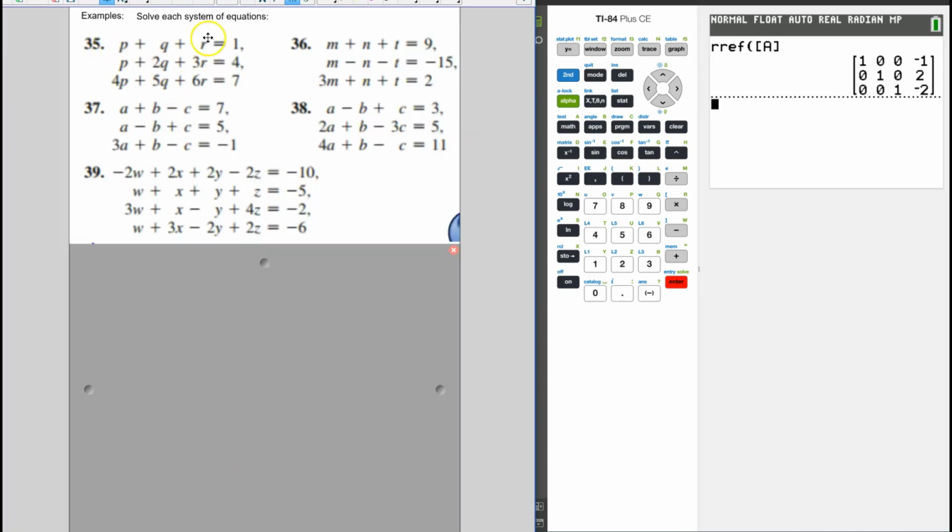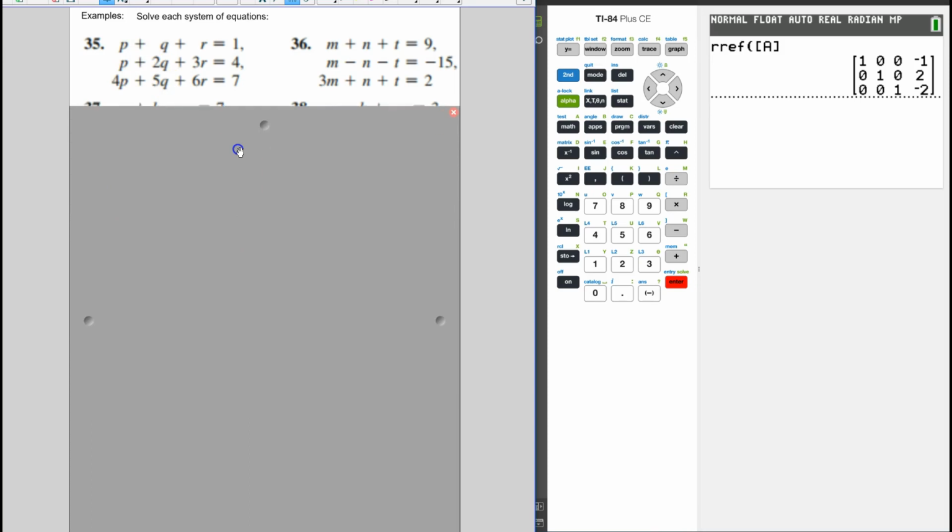Okay, so we want to work this first one up here. Number 35. P, Q, and R instead of X, Y, Z. Okay, so right here I'm going to go ahead and draw my augmented matrix, just kind of right here, just for laziness.